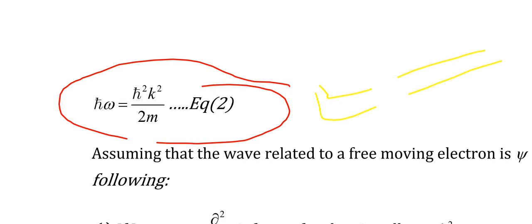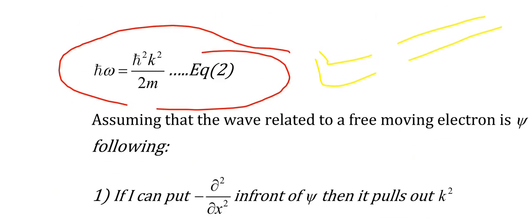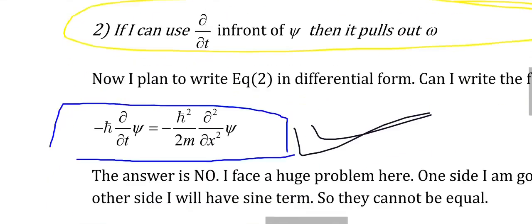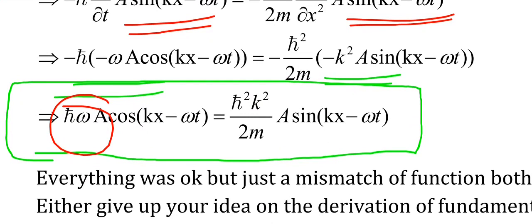It's quite logical. But the problem is, when I want to derive this equation 2 using the differential operators acting on the wave function that I assume to be true, I face a big problem: the LHS is not equal to RHS, even though I am very near to the answer, because here h cross omega is h cross square k square by 2m.